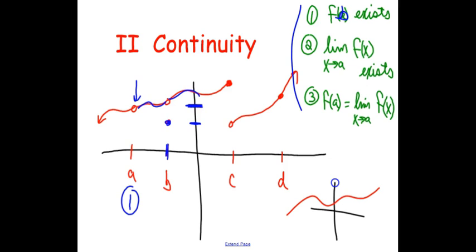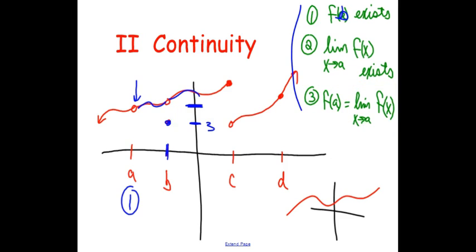You're getting closer and closer to, let's say that's 4, from the left and the right, even though at the point, there's no answer. Well, the answer is actually down here. But look at number 3. So at b, the actual answer is 3, but the limit is 4. So does the function value equal the limit? Therefore, it's not continuous. The function's not continuous there.